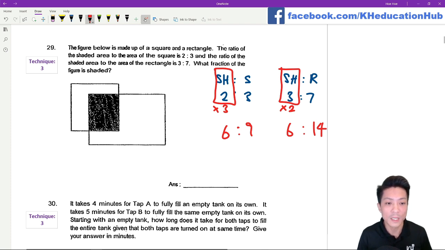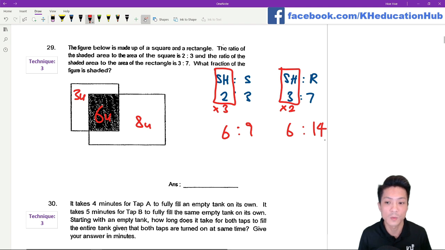Which means that looking at the square, the shaded area will be 6 units, and the unshaded part will be 3 units, which means that the total is 9 units over here. Looking at the rectangle, the shaded part is 6 units, which means that the unshaded part will be 8 units.